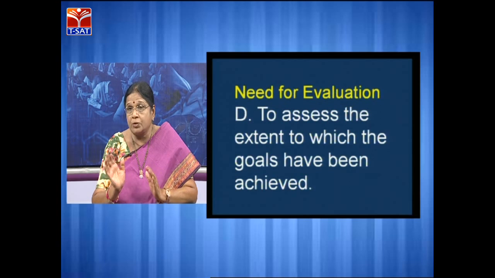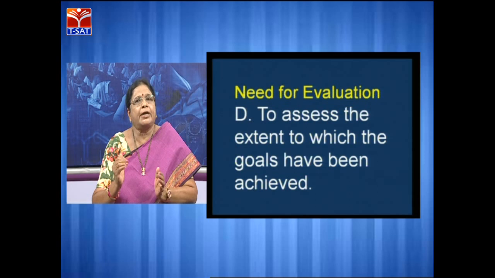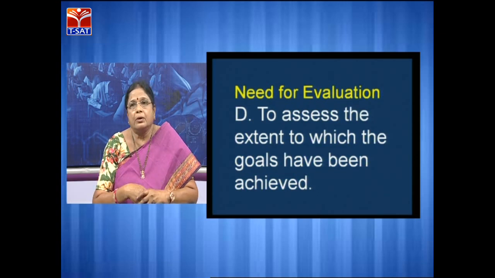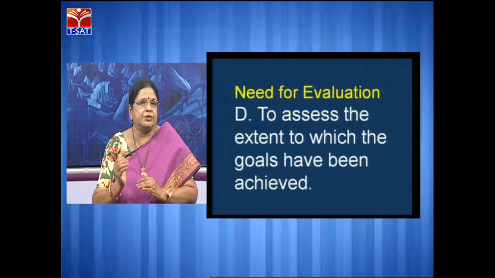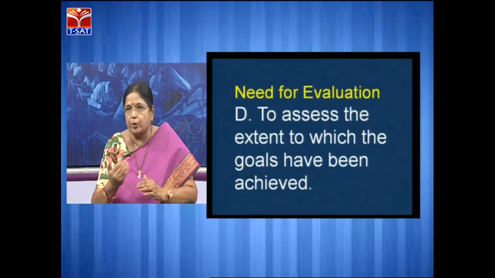For the 10 years course there are aims and goals. Then for each year, the objectives expected from the students when they complete class 1, the expected performance or desired progress of the students, is all recorded. Basing on that only the textbooks are designed. First the curriculum is framed, then syllabus, then textbooks, then teaching learning experiences. We will be talking about that.